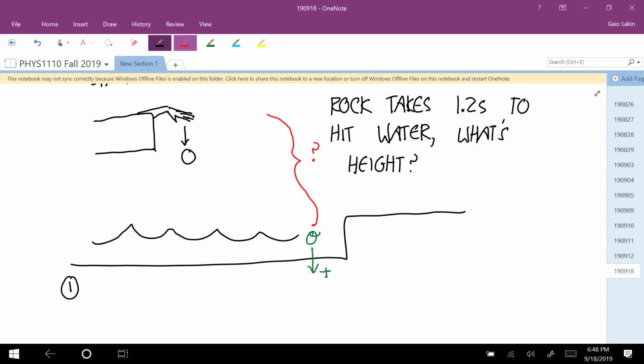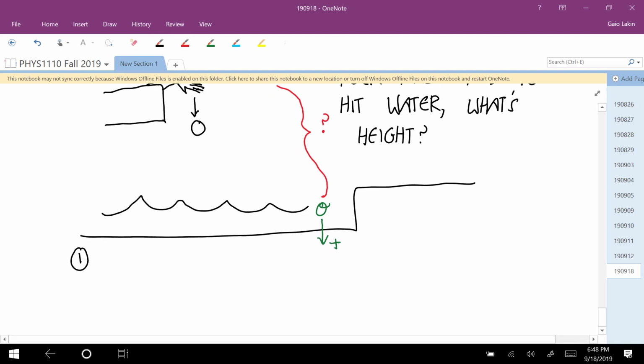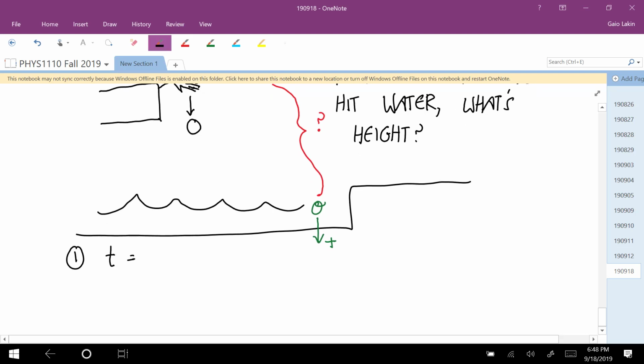And now we have to choose the instant. What's going to be our time equals 0 instant? Yep. So let's say it's the instant that it's released. And our time final instant? Yeah, that's right. Usually we just have to choose an instant. This time we actually know what the number is. And that's when it hits the water.